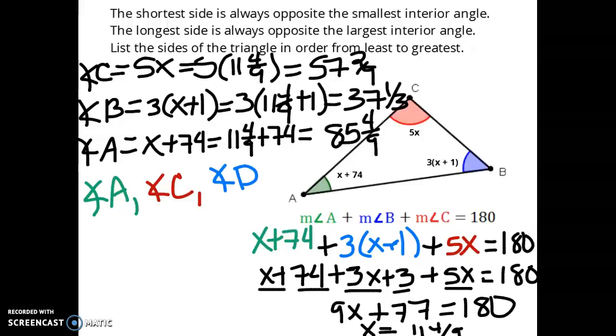That means segment CB is the longest. Then segment AB is the next longest. And finally, segment CA.